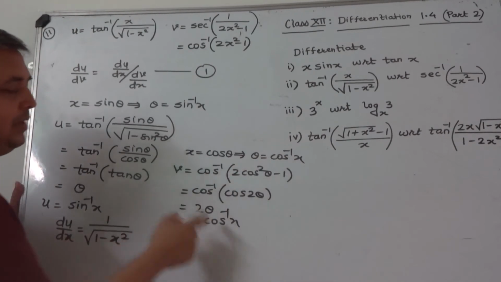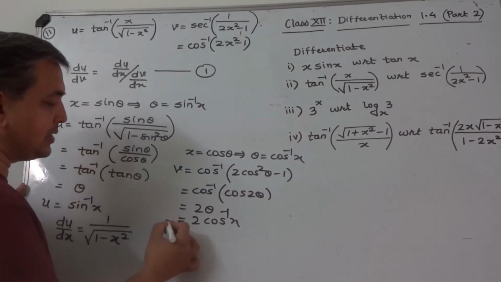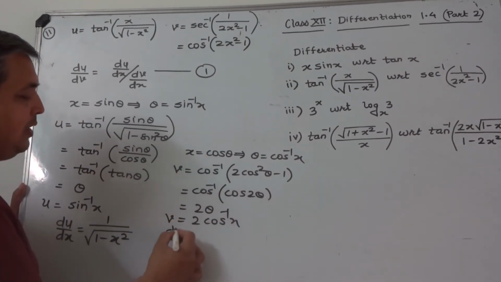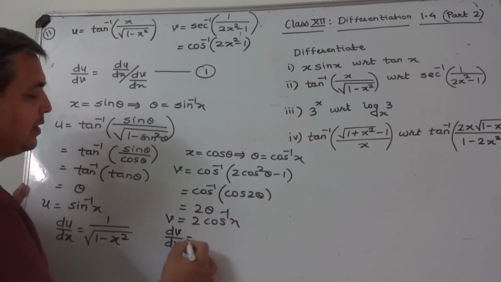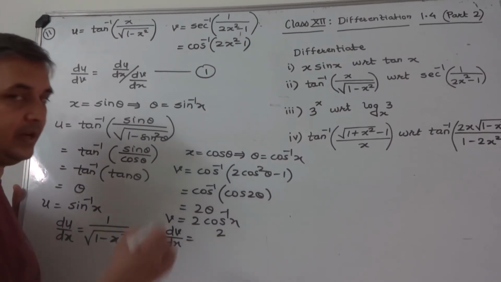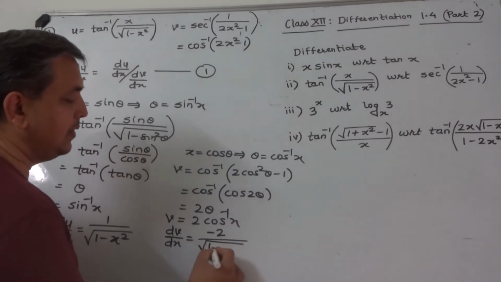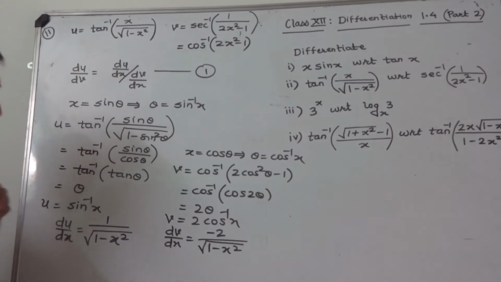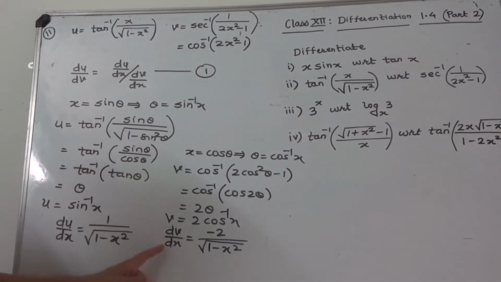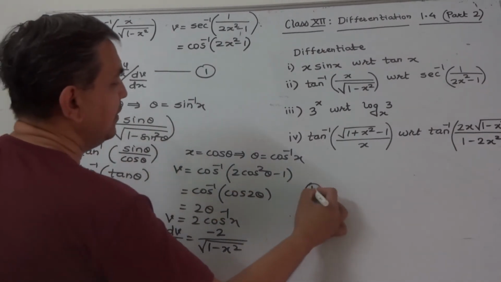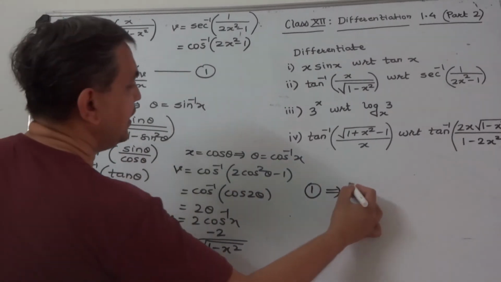In place of theta we write the value in terms of x. This is v, and so dv by dx can be written as 2 constant, and derivative of cos inverse is minus 1 upon under root 1 minus x square. Now we know du by dx, we know dv by dx. We use these two values in 1, and so 1 implies, what do we get?